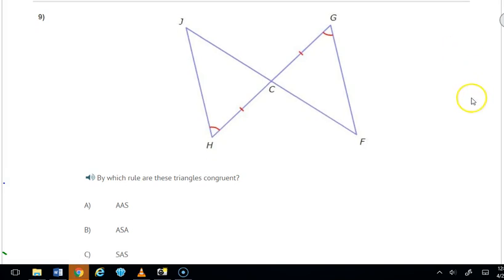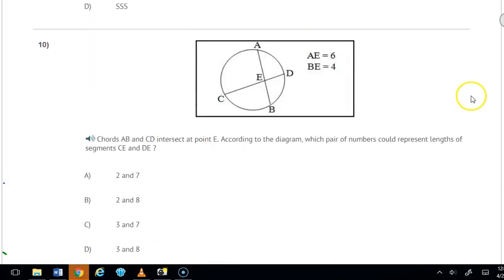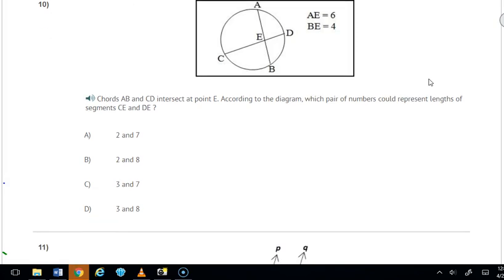Okay, so number 10. This one is 2 chords intersect at point E. According to the diagram, which pair of numbers could represent the lengths of segments CE and DE? If you remember our formula for this one, let's go ahead and label this 6 and 4 here. And our formula was part times part equals part times part.